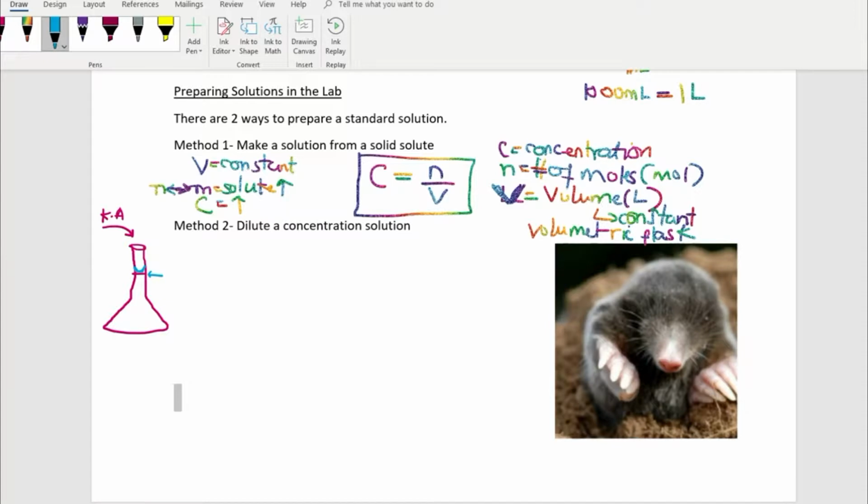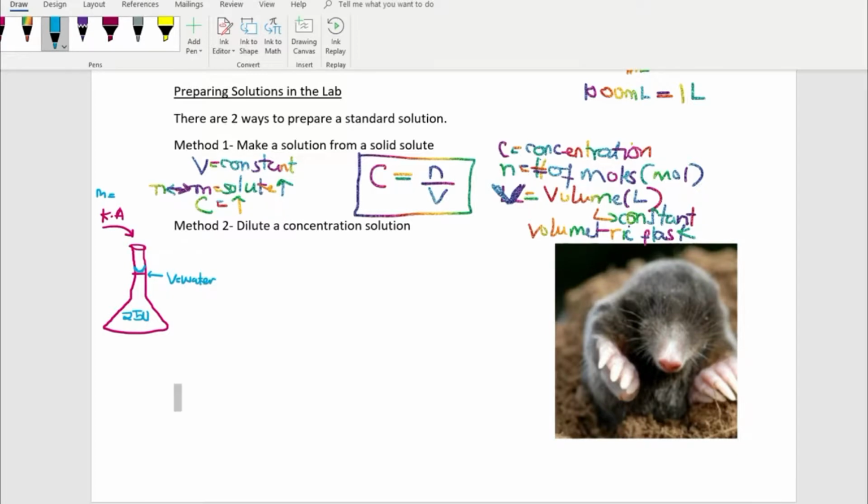And from there, from the specific volume of this volumetric flask, which is 250 mL, we're able to use two variables: first, the mass of our Kool-Aid, and second, the volume of our solvent, which in this case is water.